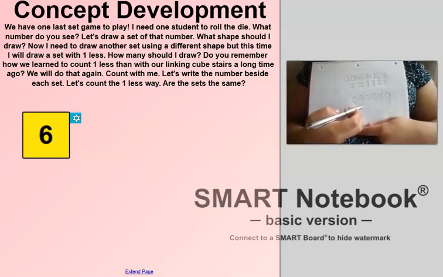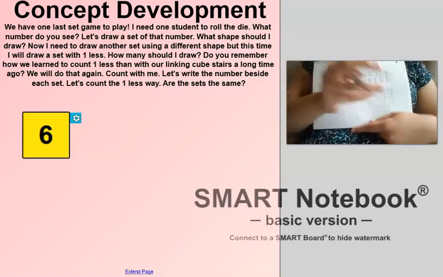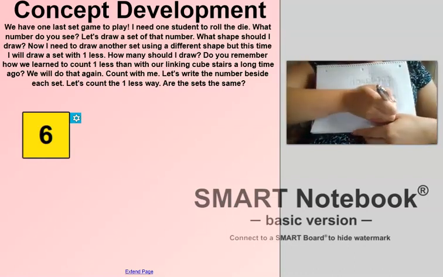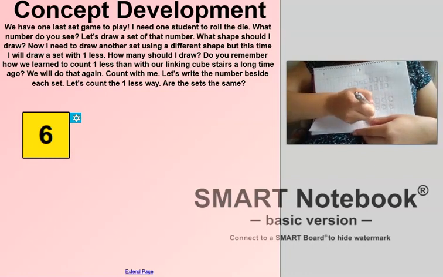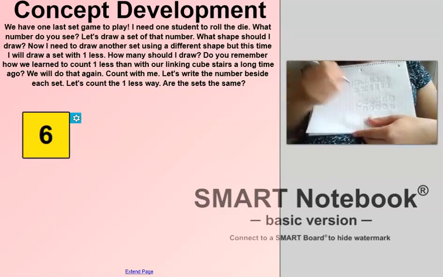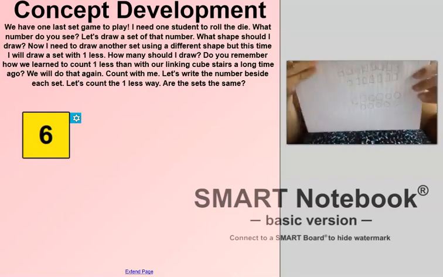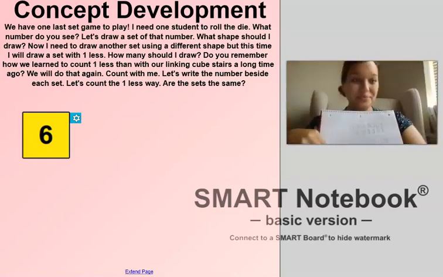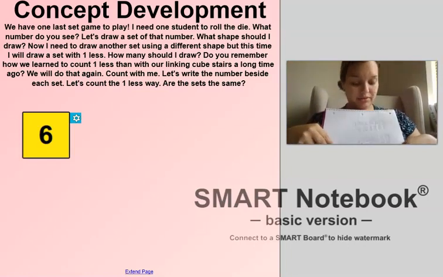So what would that be? 6, and you want me to take away 1, would be 5. Very good. 1, 2, 3, 4, 5. Do I have one less in my bottom set? I sure do. Great job.